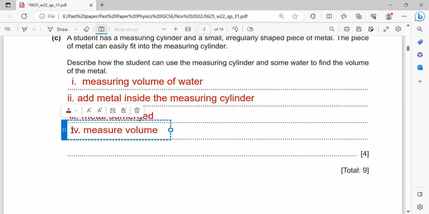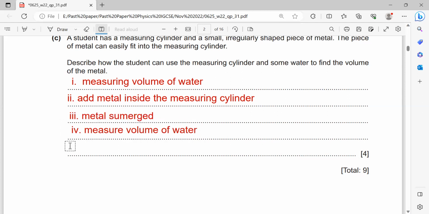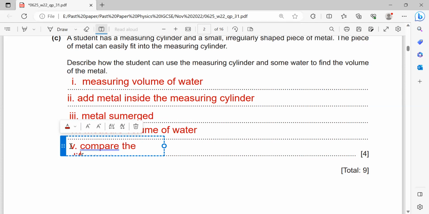Okay, and the fifth step, we should compare the difference between the two volumes.